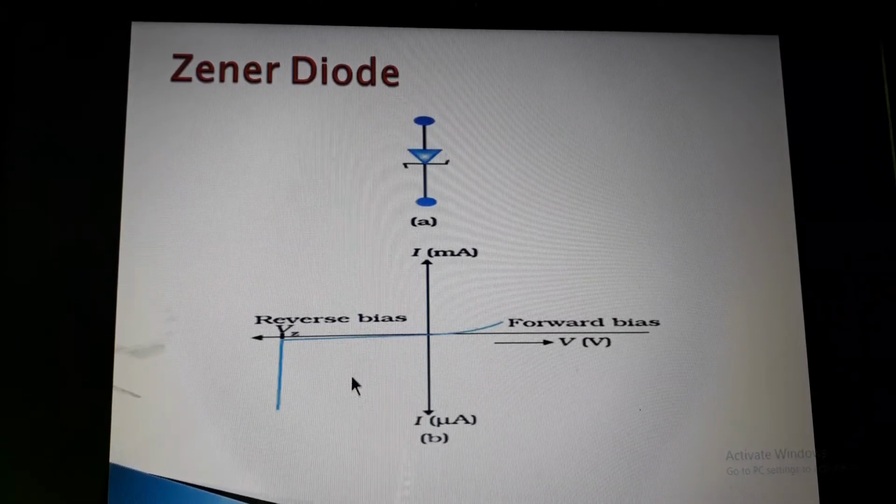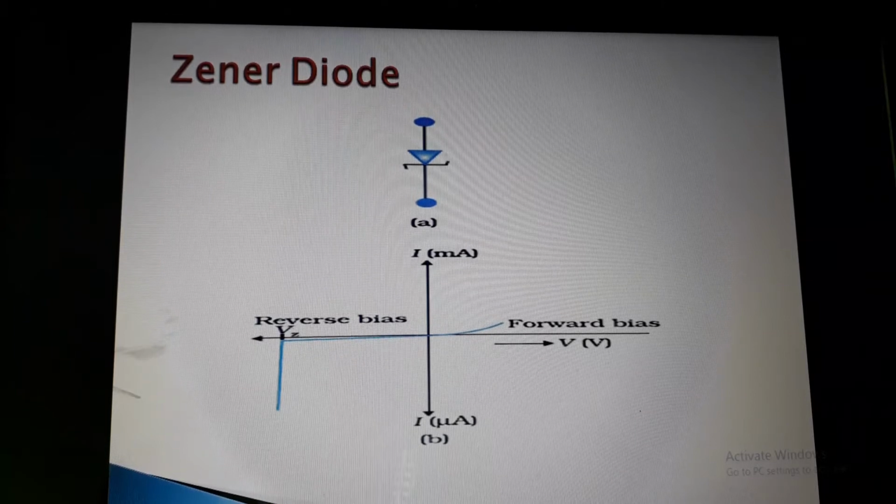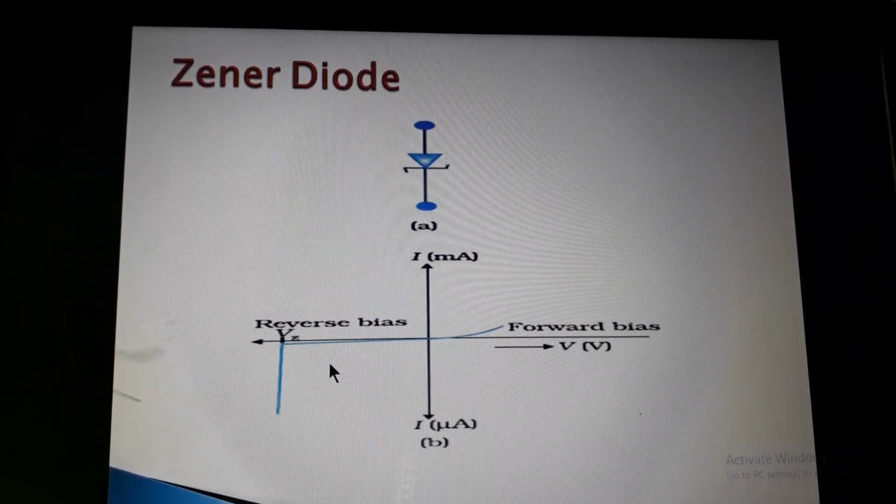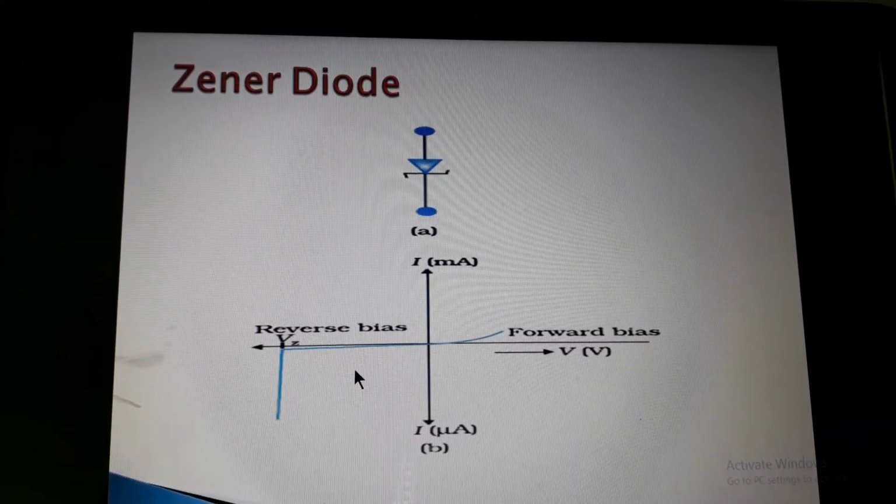You know that in p type semiconductor the minority charge carriers are electrons, and in n type semiconductor the minority charge carriers are holes.